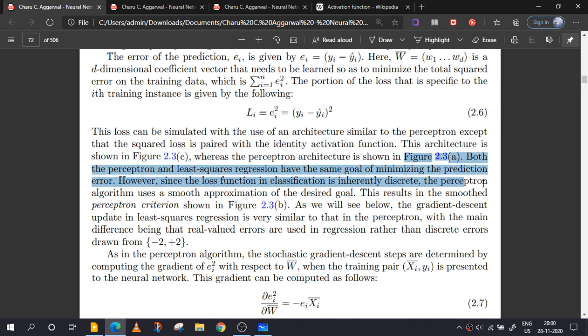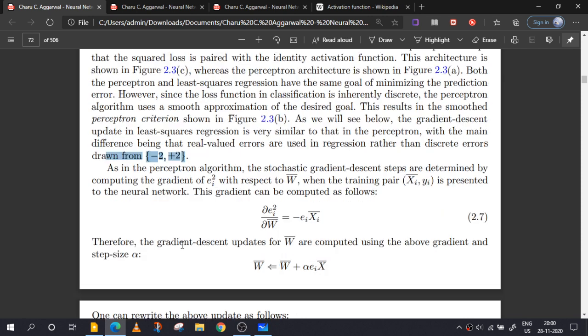However, since the loss function in classification is inherently discrete, the perceptron algorithm uses a smooth approximation of the desired goal. This results in the smooth perceptron criterion shown here. As we will see below, the gradient descent update in least-squares regression is very similar to that of the perceptron, with the main difference being that real-valued errors are used in regression rather than the discrete errors drawn from +2, -2.